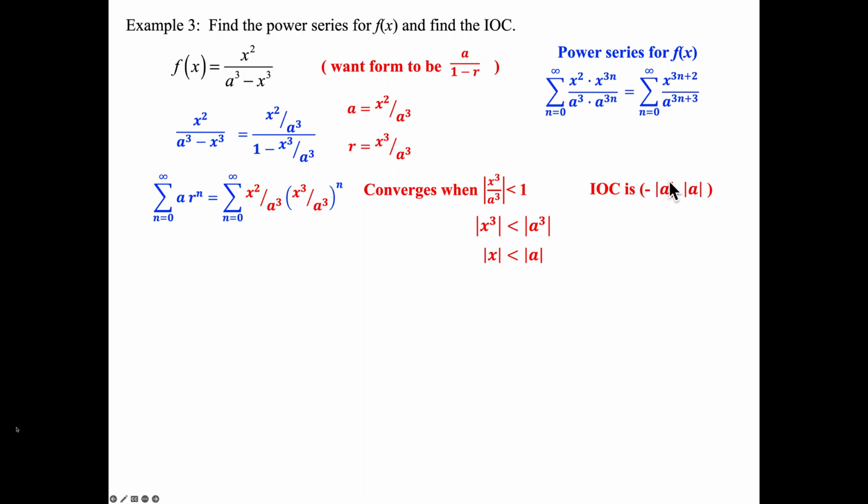So we keep the absolute value bars because we don't know the sign of a, being a constant, could be anything. So negative absolute value of a, comma, positive absolute value of a. And that takes care of part 1.